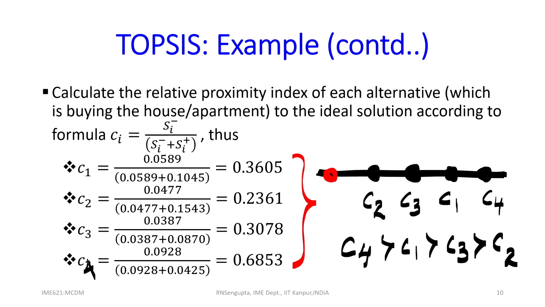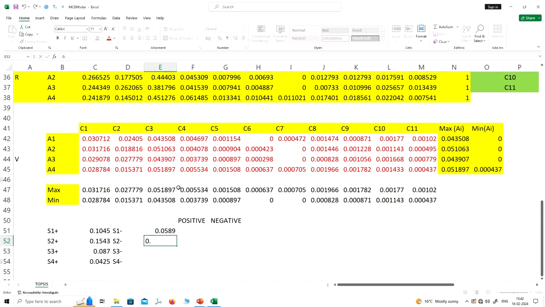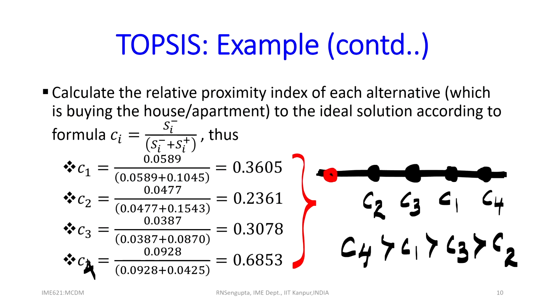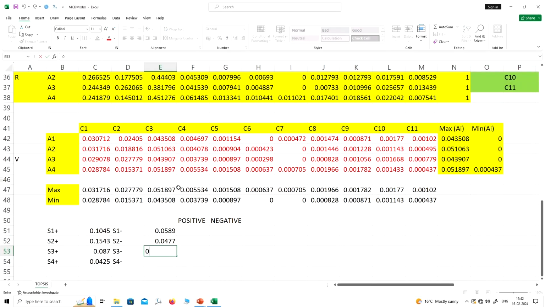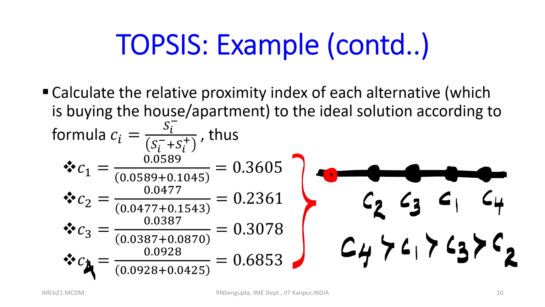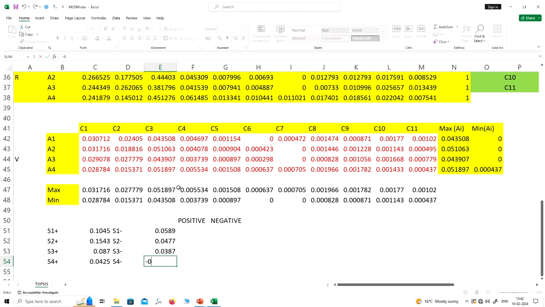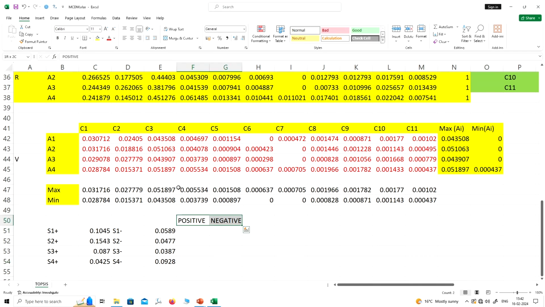Then the value is 0.0477, then I have 0.0387 and the last one is 0.0928. So, all done. Now, I want to find out the negative and positive.